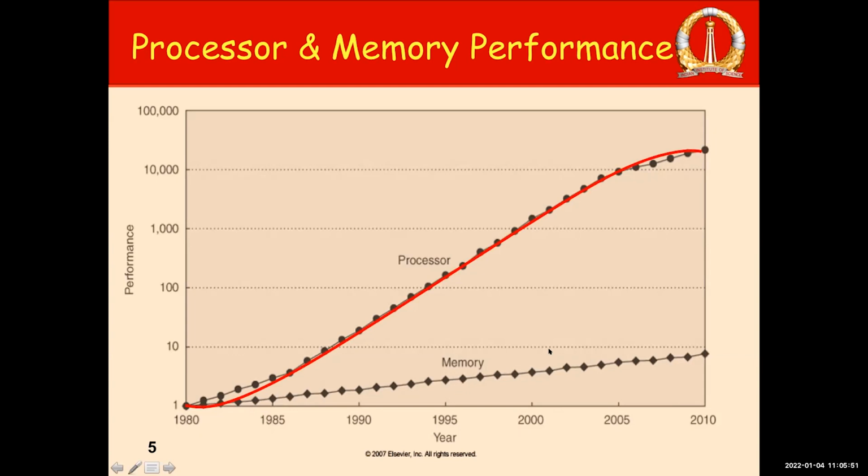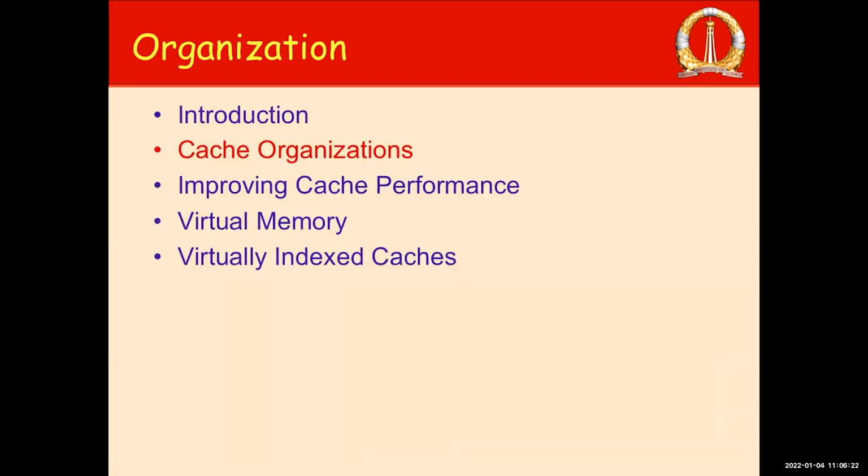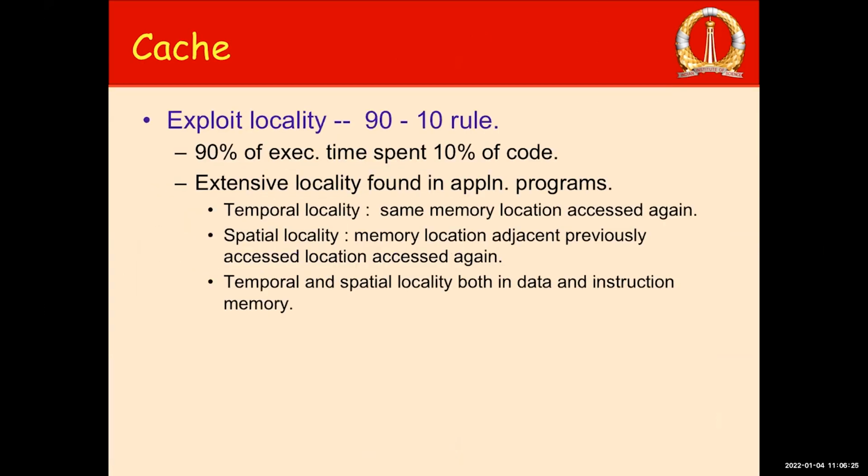Memory performance improves roughly by about 10 to 15% every year, and therefore, compared to the processor performance, memory performance is only slowly increasing. What is really causing concern is this widening gap between the processor performance and memory performance. And this widening gap has to be accounted for or addressed using the memory hierarchy. That is where the caches come into the picture.